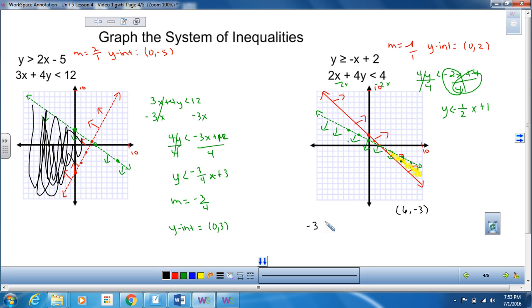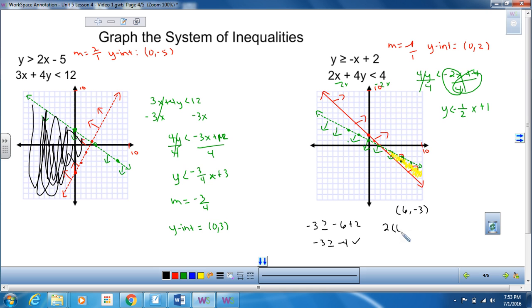Okay, so -3 greater than or equal to -6, because when I plug in the 6, it becomes negative. -3 is greater than or equal to -4. That's correct.